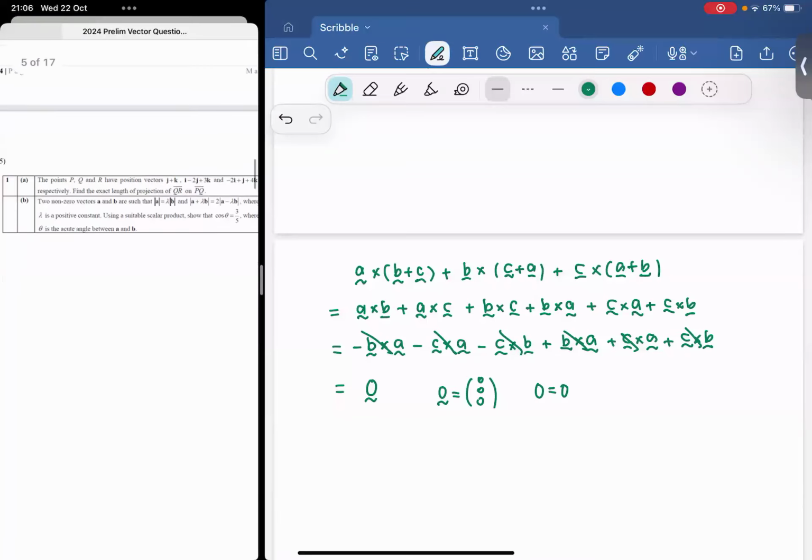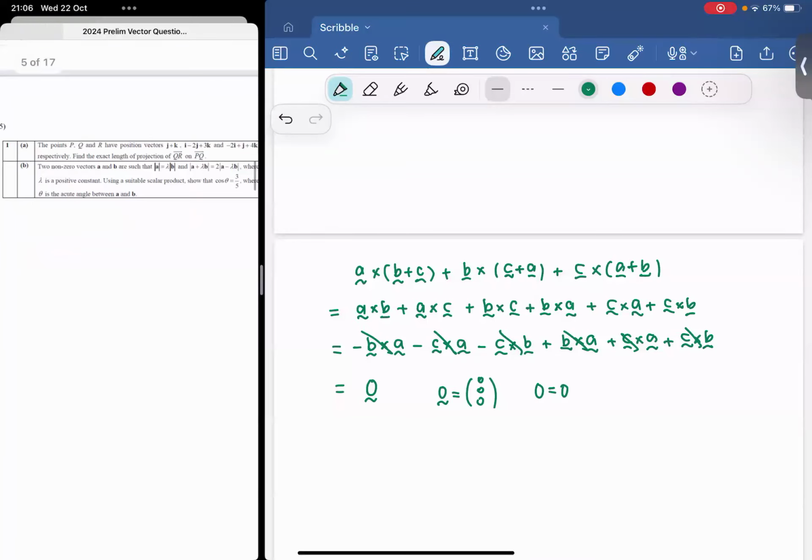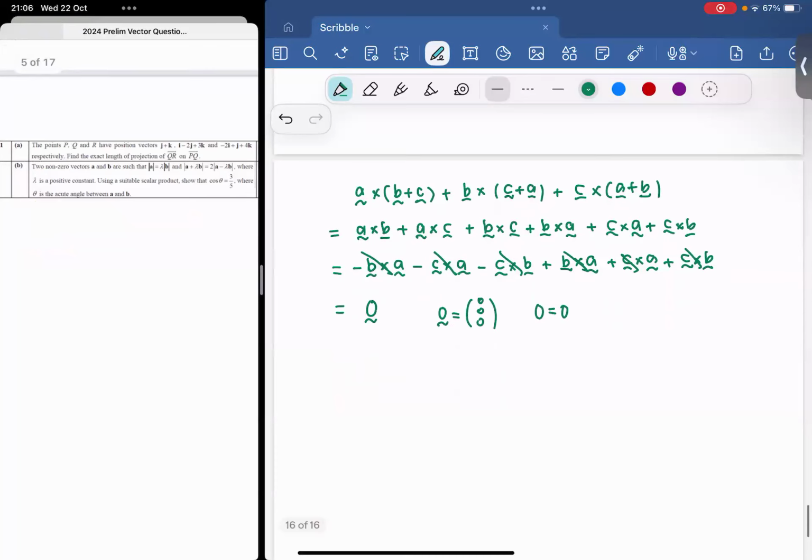Okay, next. Question 5. OP is equal to 0, 1, 1. OQ is equal to 1, negative 2, 3. And OR is equal to negative 2, 1, 4.